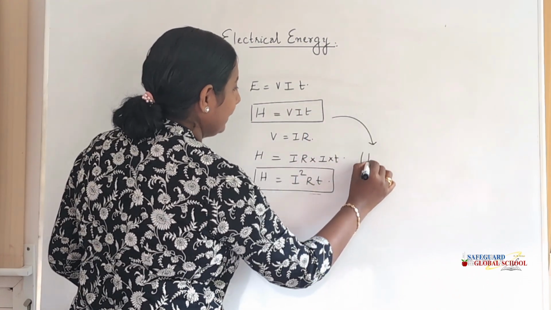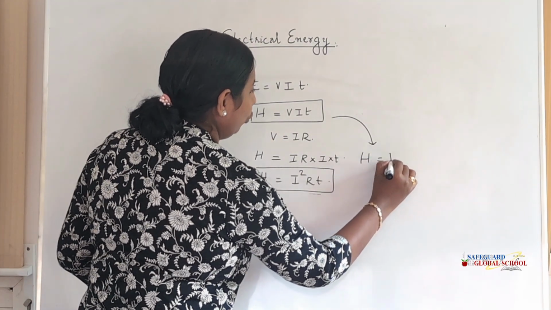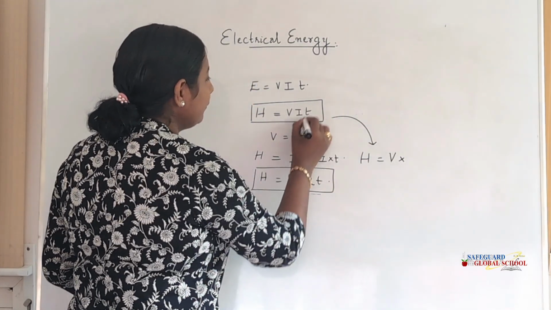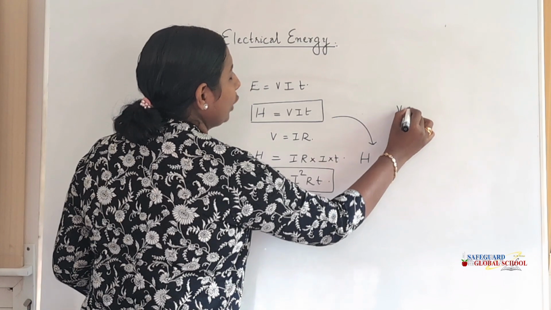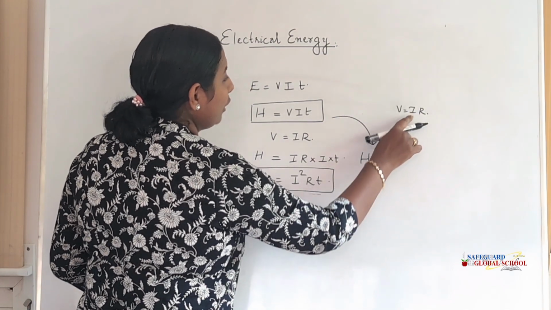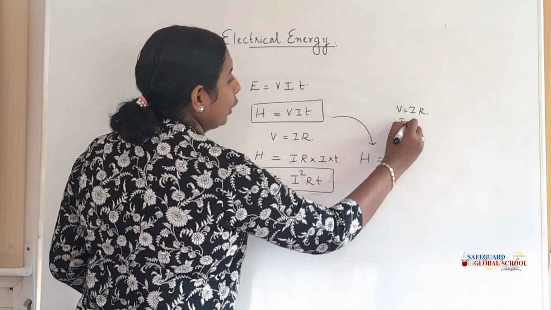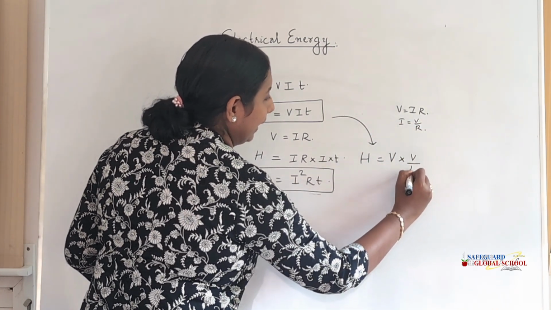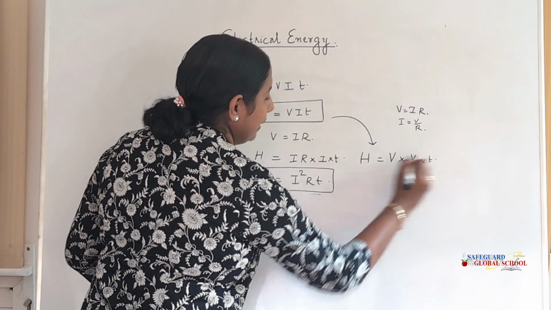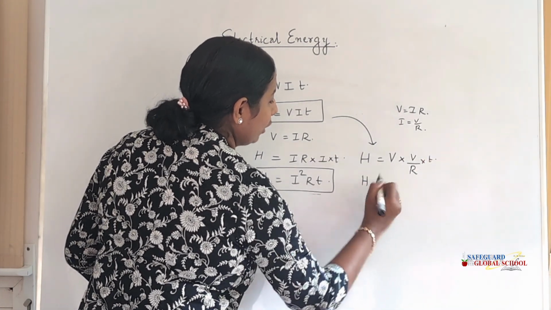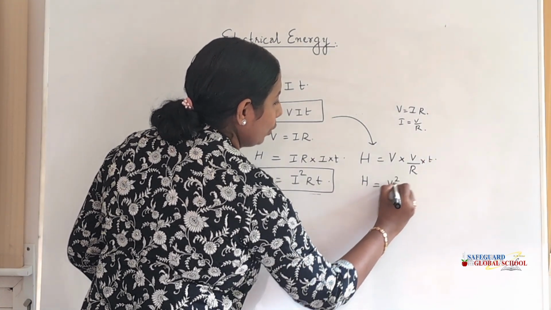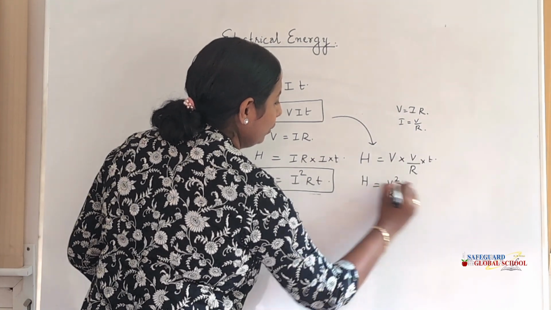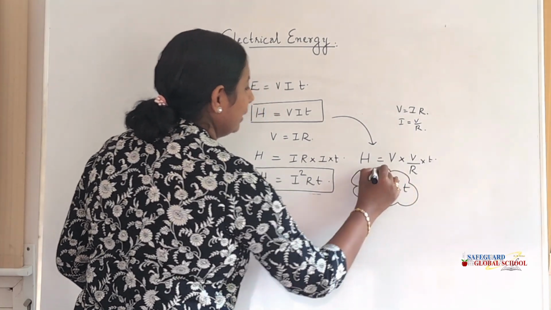H is equal to V into, since we know V is equal to IR, I is equal to V by R, into T. So what is the third equation that we are going to derive? It is V square by R into T. This is the third relation.